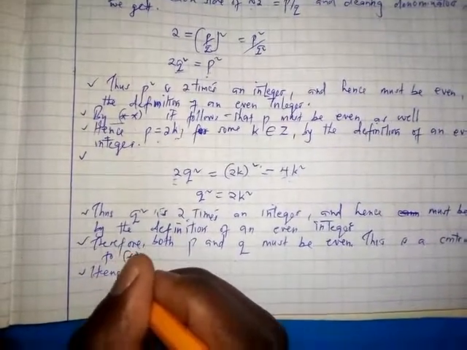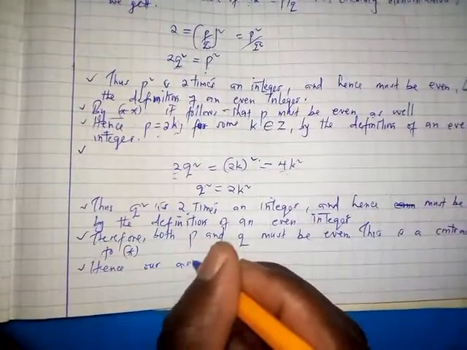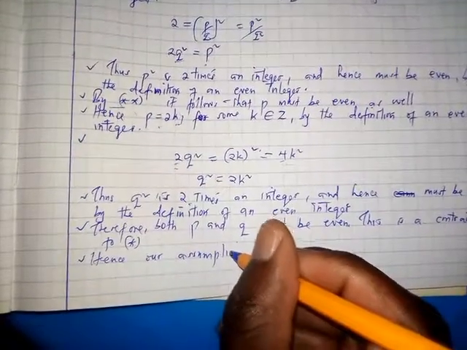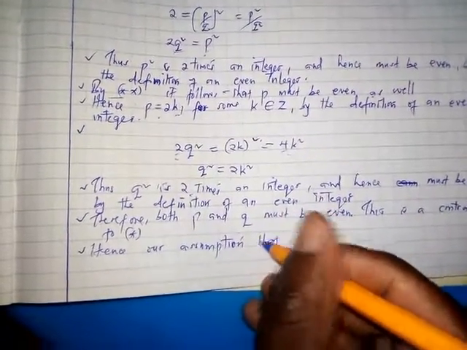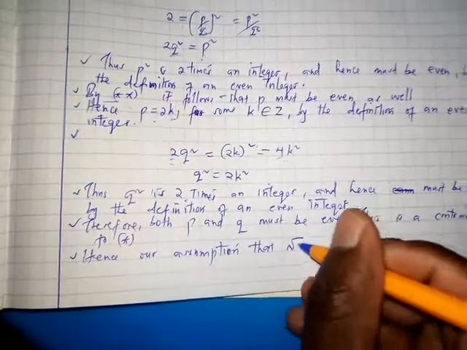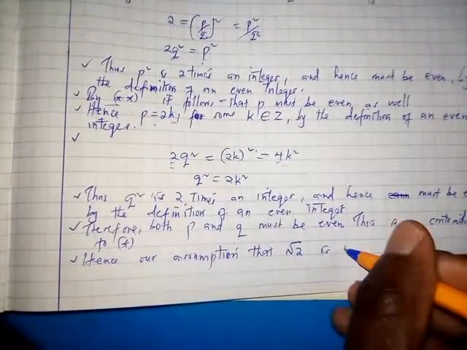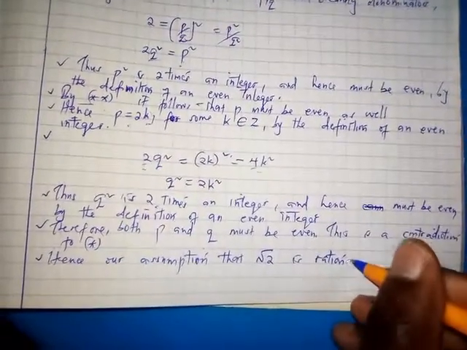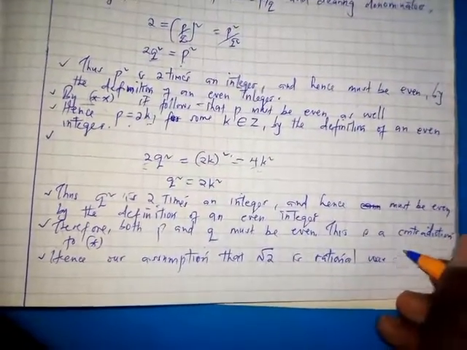Hence, our assumption that the square root of 2 is rational was false.